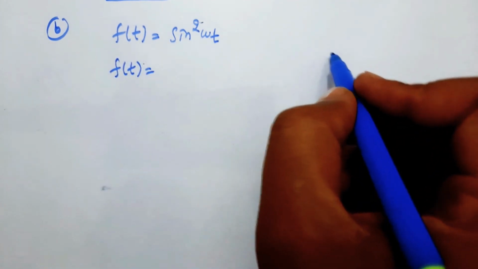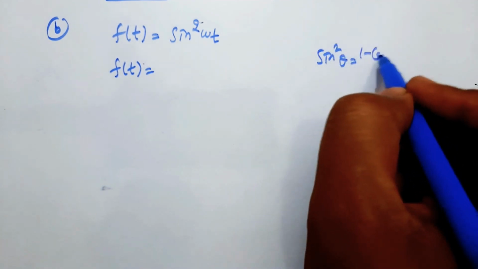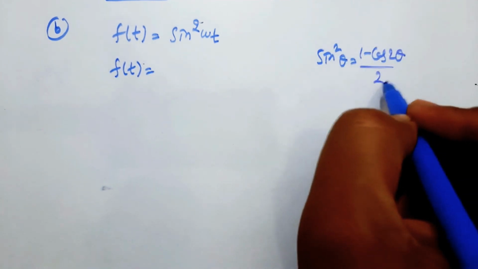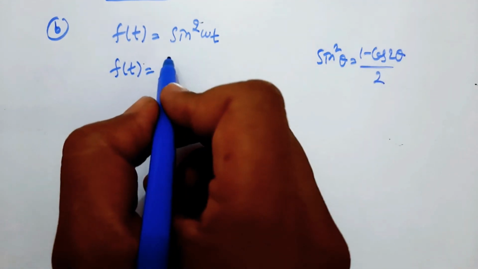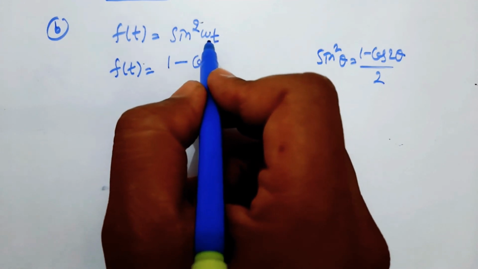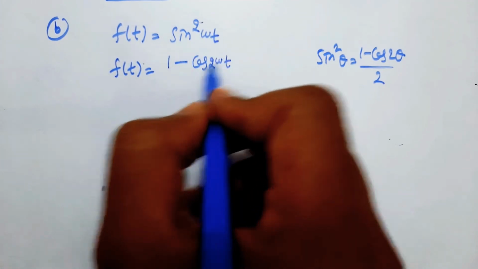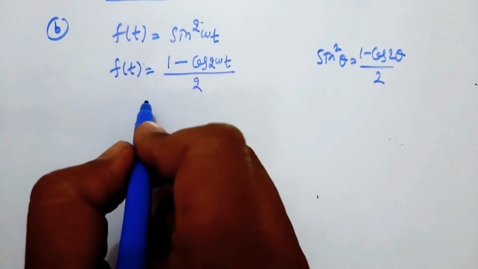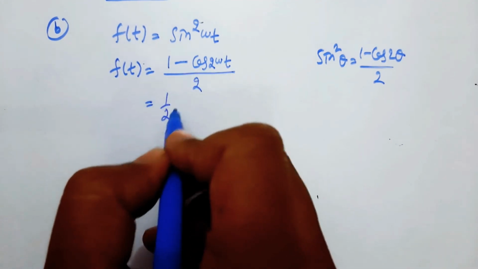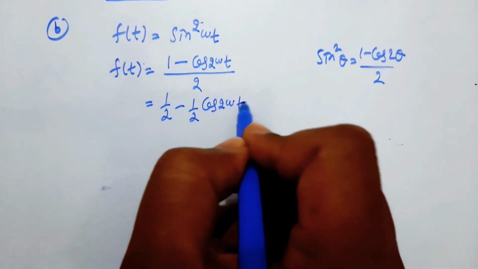Here we have the formula: sin square theta is equal to (1 minus cos 2 theta) by 2. Here theta is omega t, so cos 2 theta means cos 2 omega t. So it can be written as 1 by 2 minus 1 by 2 cos 2 omega t.